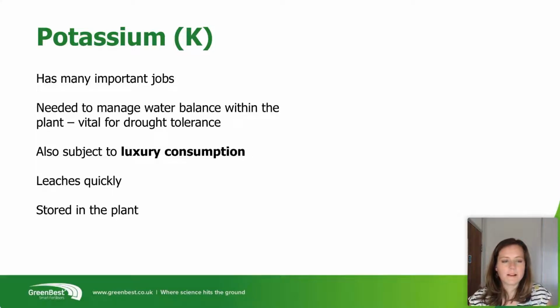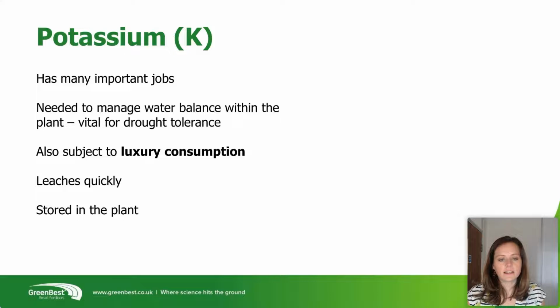Potassium is also subject to luxury consumption, so you can put on more of it to get more of an effect. But the problem is that the materials can be quite salty, so you can do scorching damage if you apply too much. It also leaches quite quickly, so it can be washed away fairly rapidly with a good rain shower or two. But the good news is that it is stored in the plant.